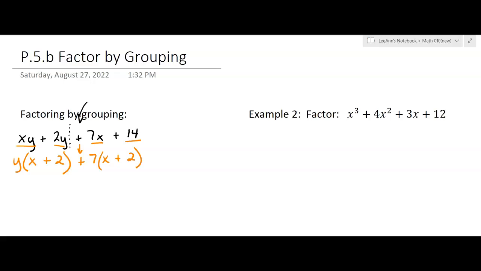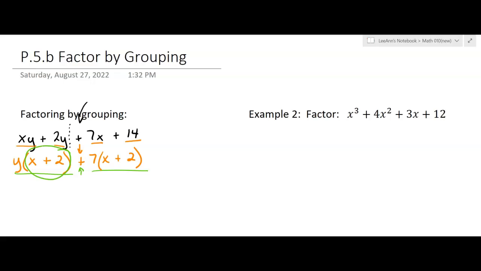Now, if my grouping is going to work, what has to happen next is they have to both have a greatest common factor. It is not factored right now because I still have addition. Okay, I have stuff plus stuff. Okay, so I'm looking at this stuff, and I'm saying, is there something they have in common, a factor they have in common?